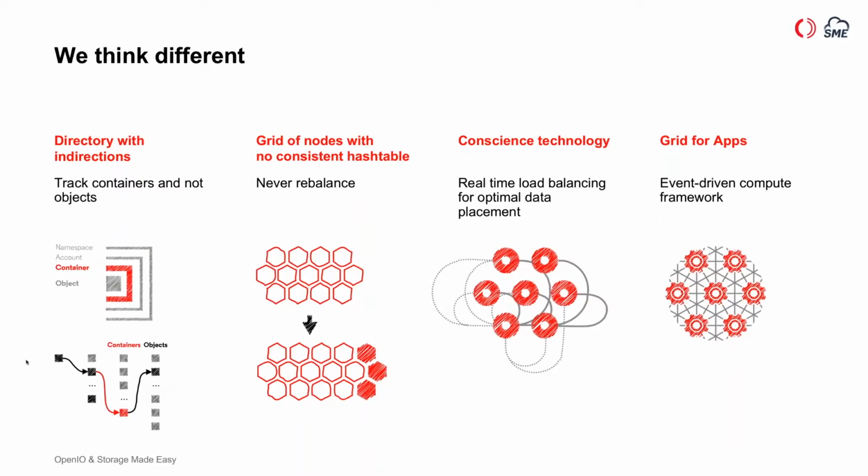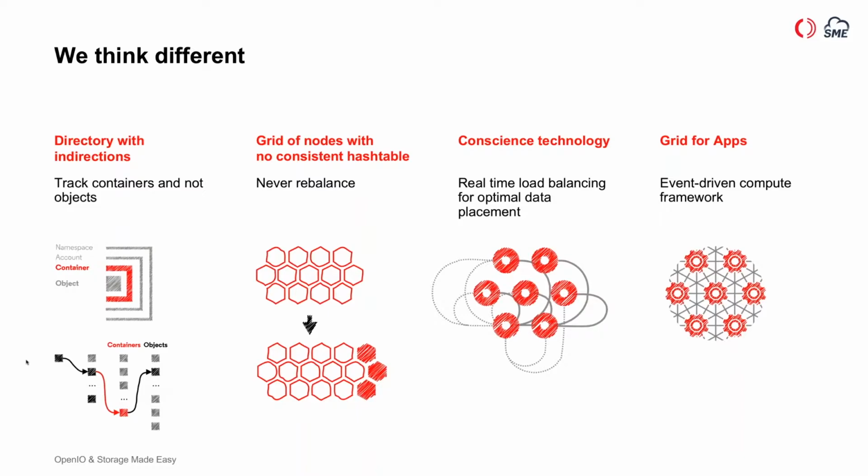But to be sure to always get it right in terms of performance and resource allocation, we use what we call conscious technology, which is a mechanism that collects sensors all around the system and computes a quality score.